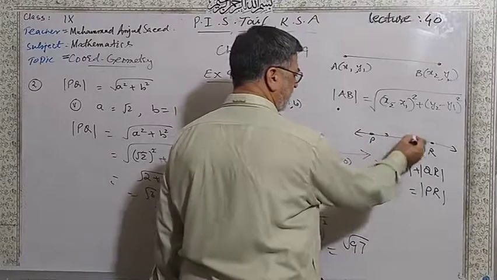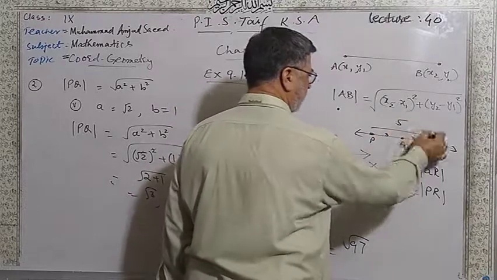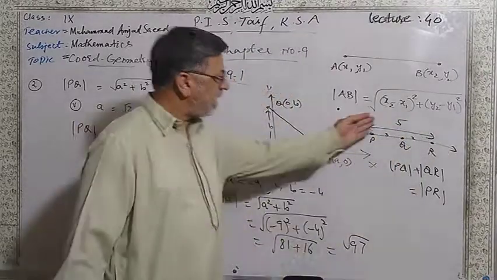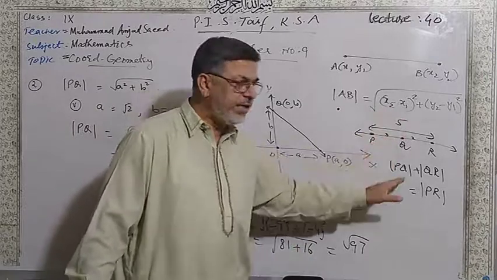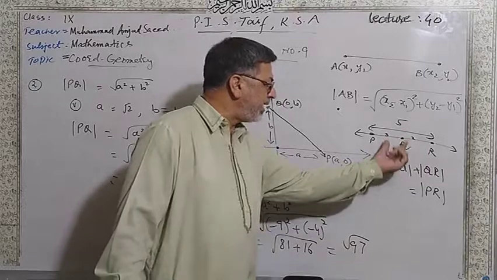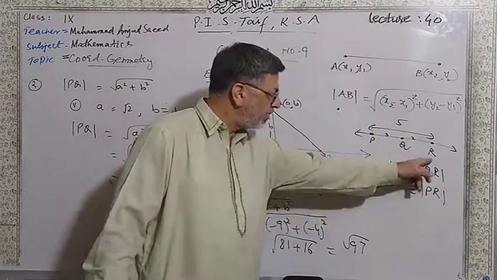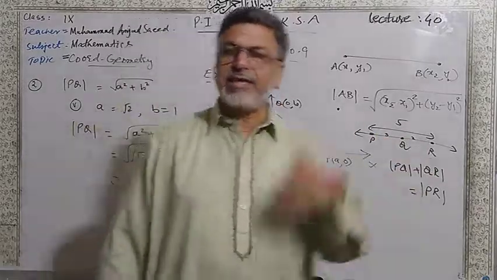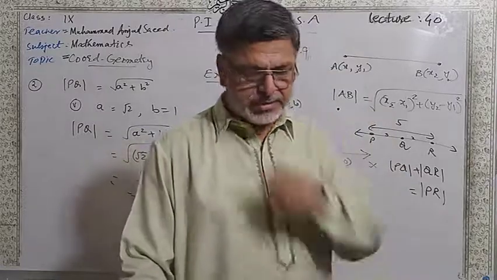Suppose this is 3 and this is 2, what will be the total? That will be 5. These points are collinear if the distances PQ and QR added give PR, and otherwise they are non-collinear points.